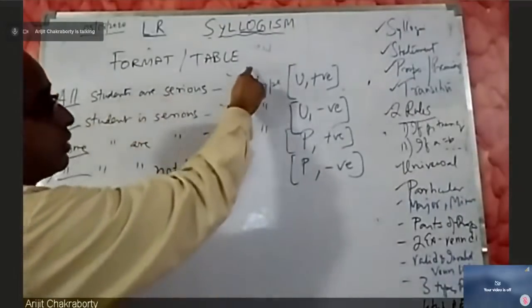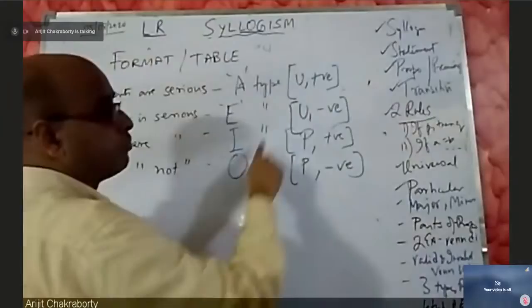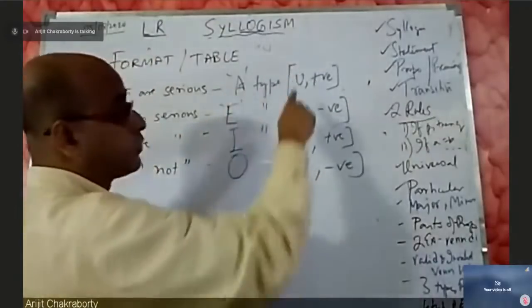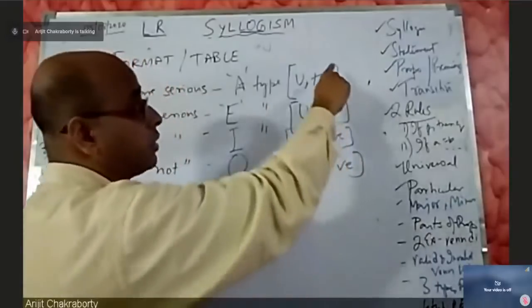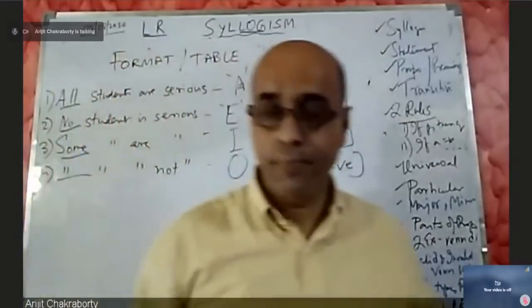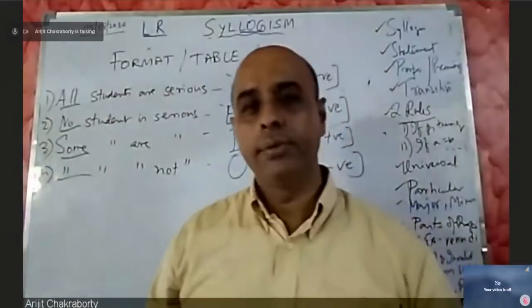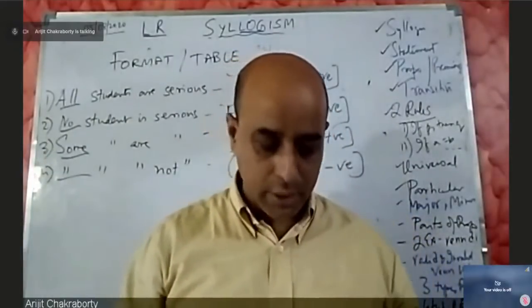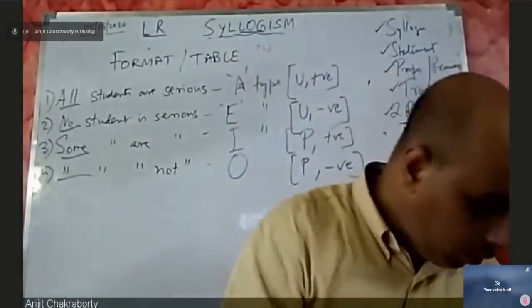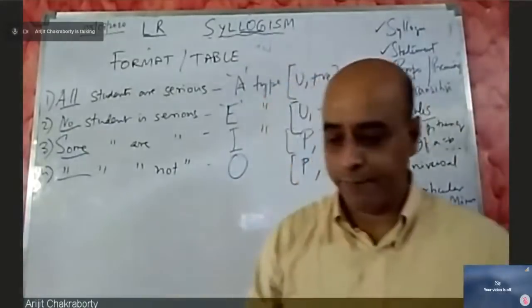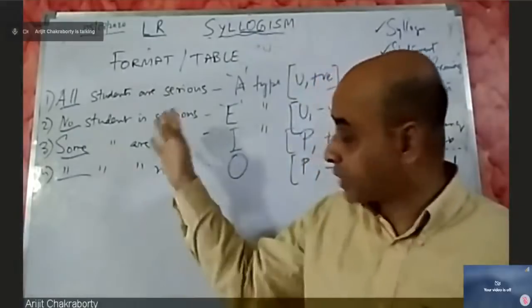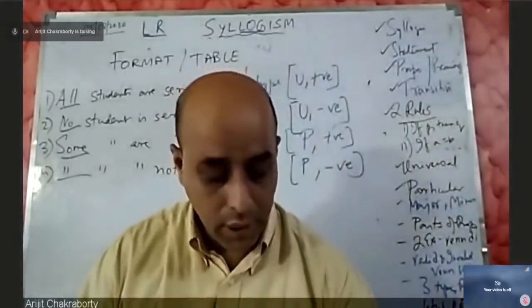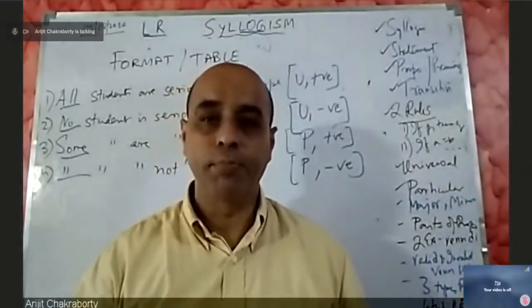Column number 2 is A type. Column number 3 is whether they are universal or particular. Column number 4 is whether positive, that is affirmative, or whether they are negative. Okay, so this is basically the 4 types of relations you have when it comes to the propositions.